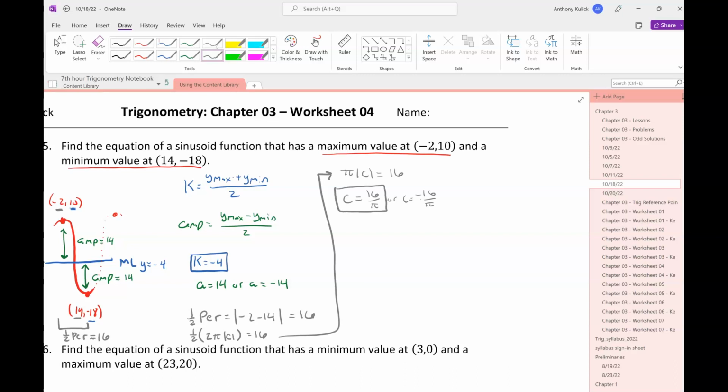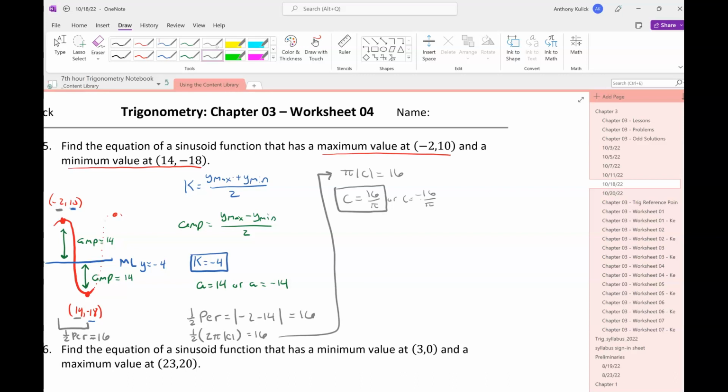But remember, we always pick the C to be positive. Everybody's doing okay? We have a few things left to do.